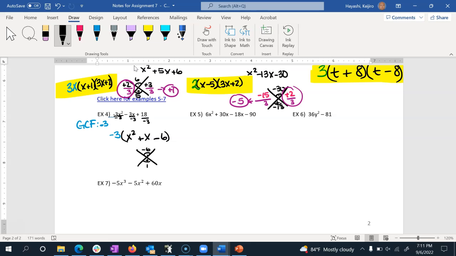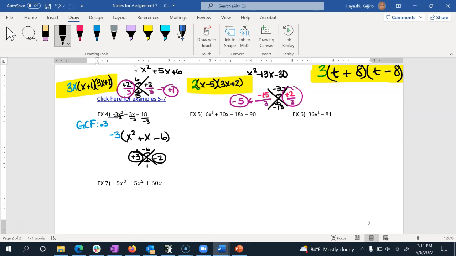Negative 2 and 3. Yeah, right, okay. Negative 2 and 3. Because they gotta multiply to negative 6, so one has to be positive and one has to be negative. They add up to 1, so that means the positive one has a greater magnitude, but just a little. So plus 3 and minus 2.